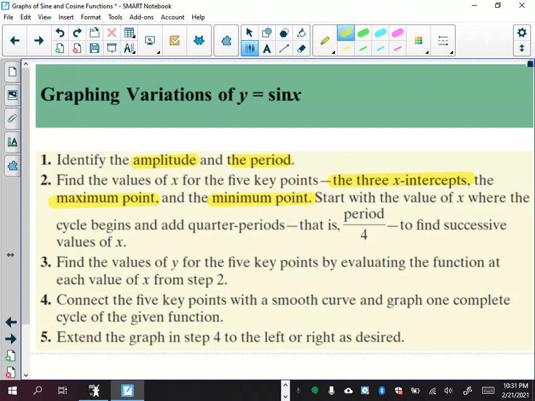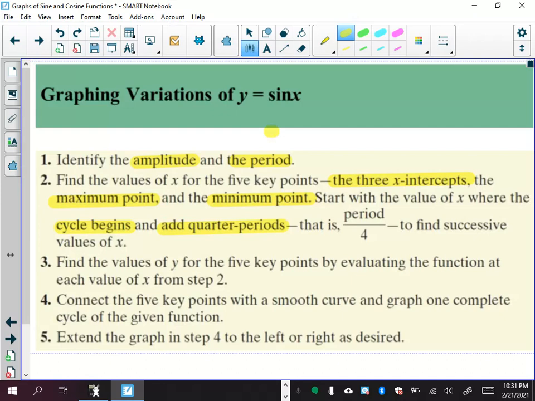Once you do that, you're going to start with the value of x. So we need to figure out, where does your cycle actually begin? Then we're going to take that period and divide it into 4 equal parts. We're going to look at those quarter periods so that we can figure out the 5 points that you need.